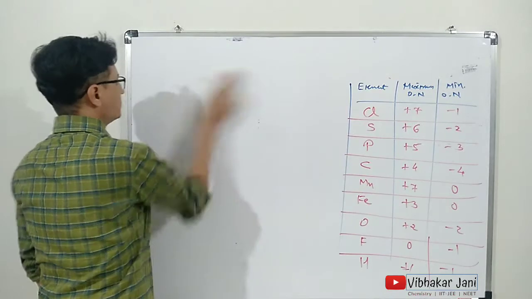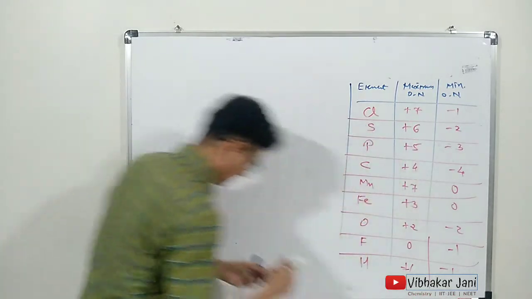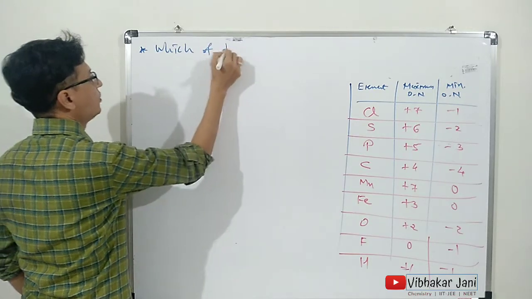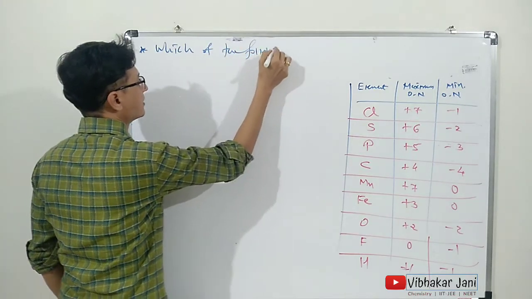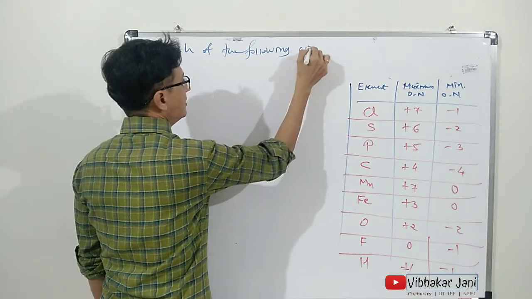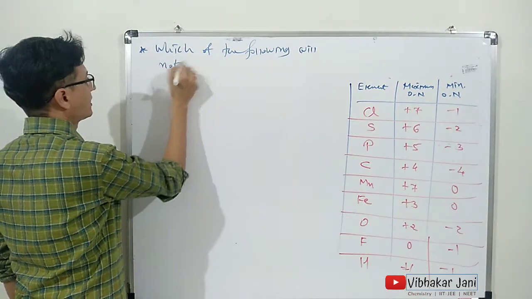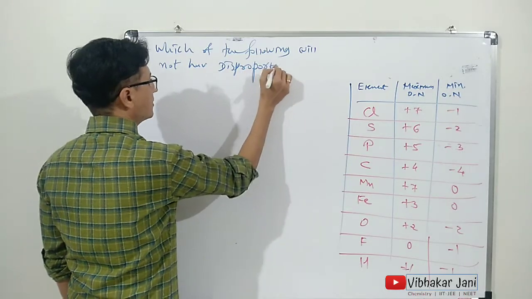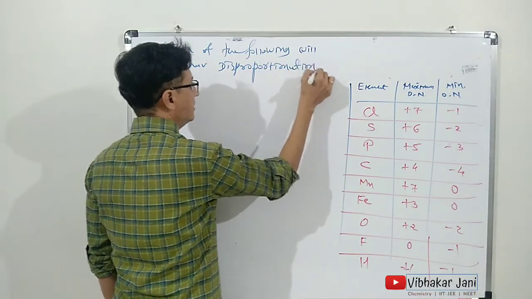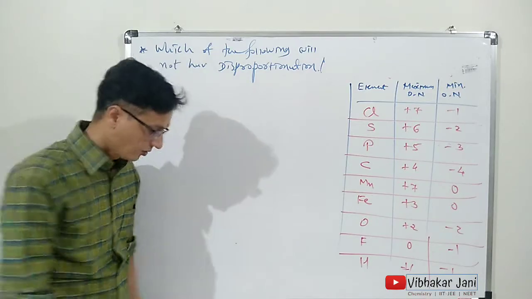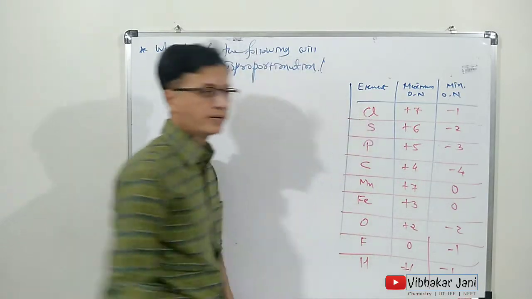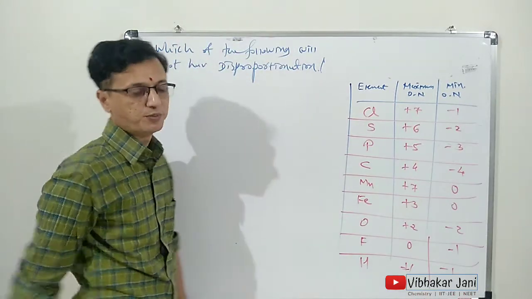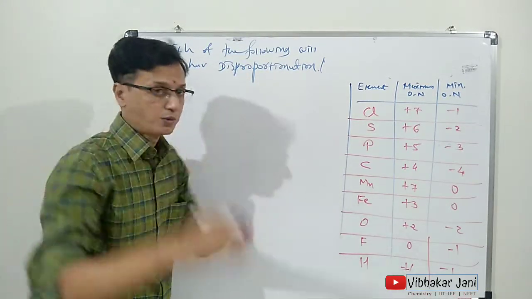Okay. So, the question is like this. Question number 8.5: Which of the following species will not have disproportionation?